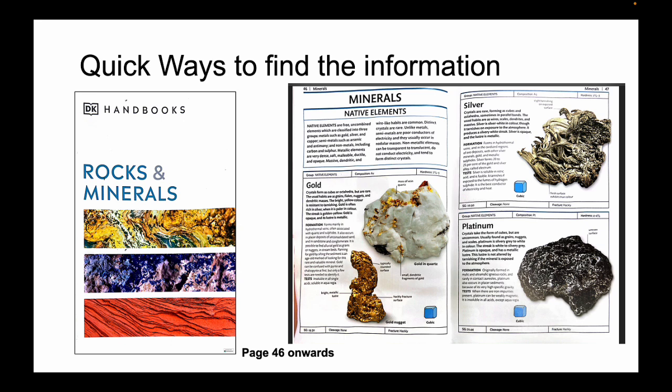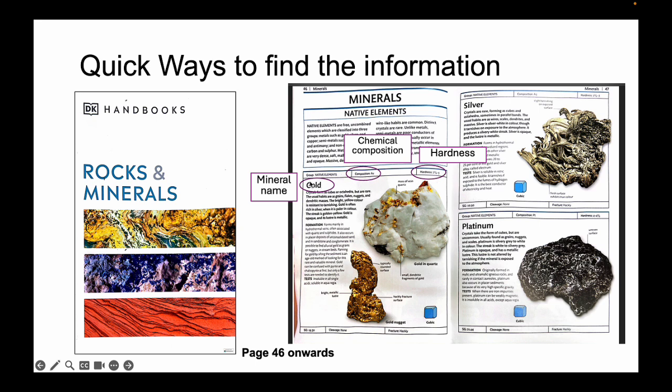A quick way to find the information is to use Google, or you may also use the handbook of rocks and minerals. You may find the minerals on page 46 onwards. In this book, you may find some of the information such as the mineral name, chemical composition, and the hardness.